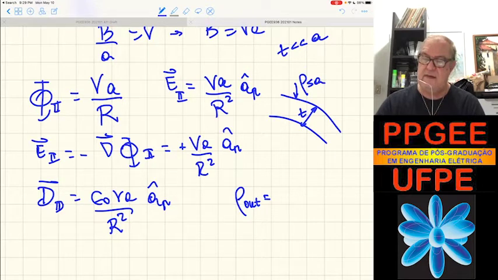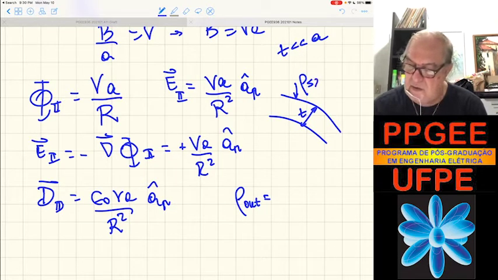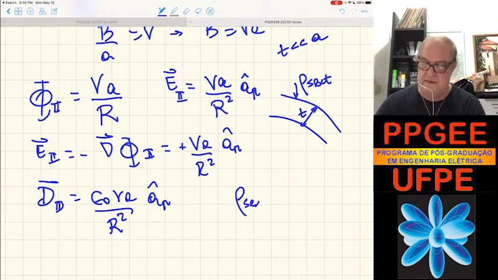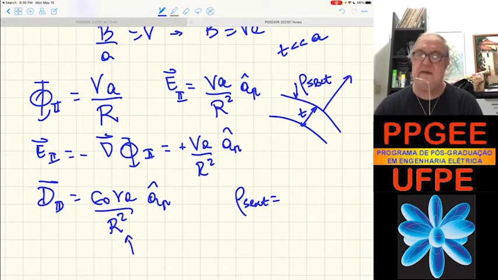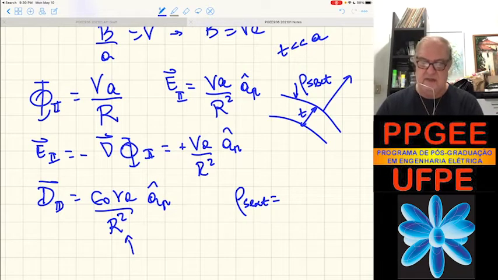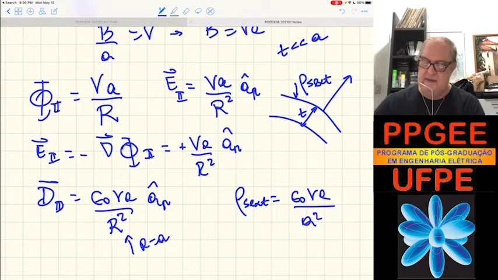Let's do it like this: external, rho s external, okay? So the rho s external is just the outer component, the component that points outward from the conductor. It's going to be calculated at r equals a, so it's going to be epsilon 0 VA over a squared.